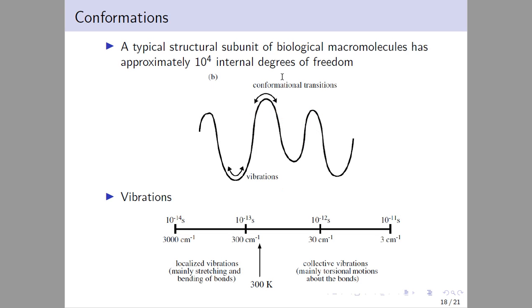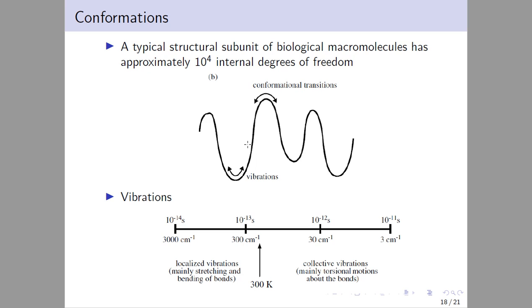From this vibration, we are going to have a typical structure. A molecule has approximately 10 to the power 4 internal degrees of freedom. Ini banyak. You can see here, it can vibrate.